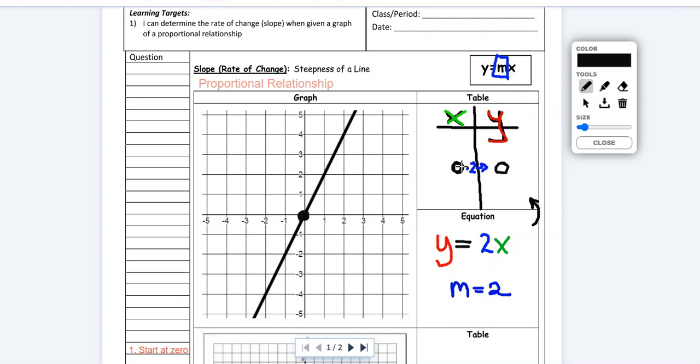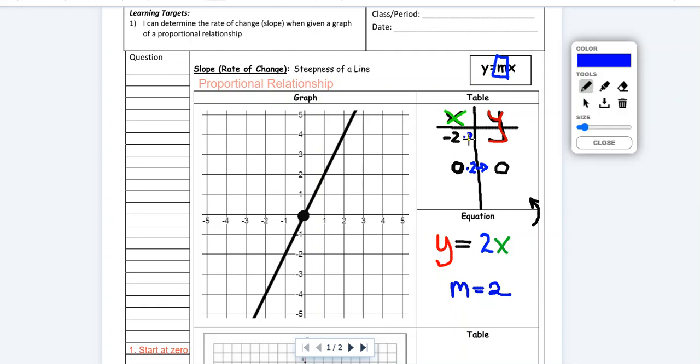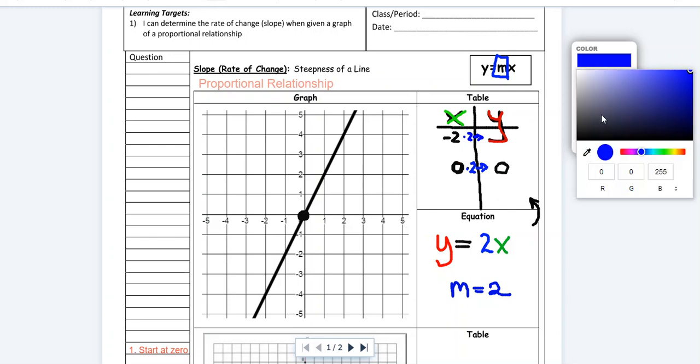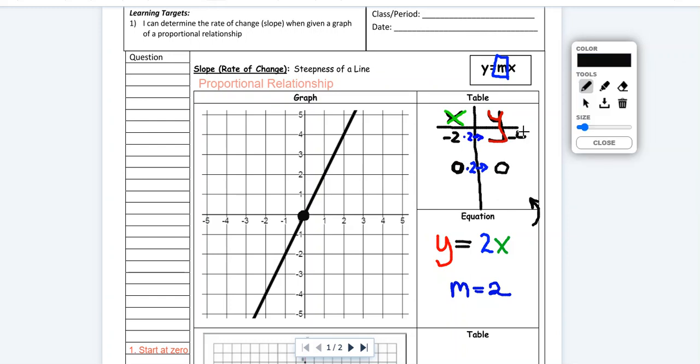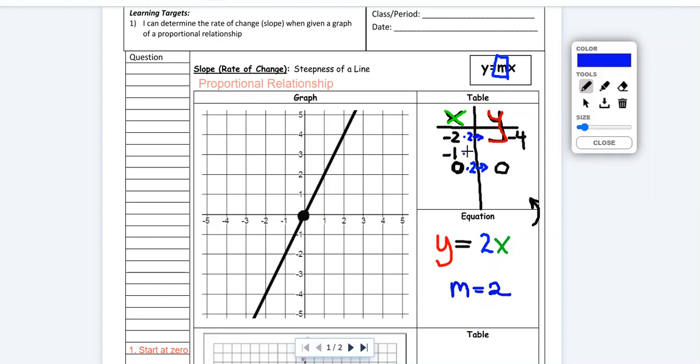Now we can pick numbers above or below 0. I'm going to show you a couple, so I'm going to show you how to do negatives also. Let's start with -2. To get from x to y, 2 times x will equal y. So we're multiplying by our slope of 2. -2 times 2 is going to give us -4. All right, -1 times 2 is going to be equal to -2.